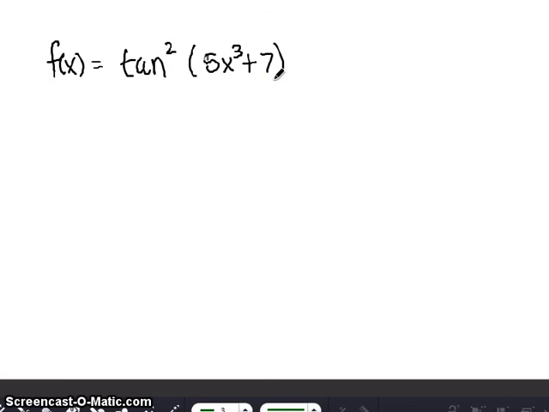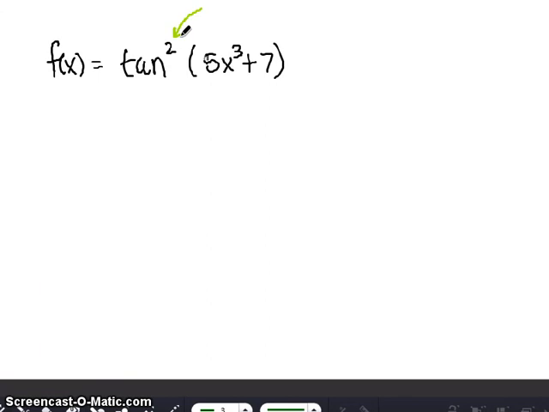So when we look at this, there's really 3 layers to this derivative. And the tricky layer, the one that we're not going to see easily at first, is this layer right here. That squared gets its own layer.